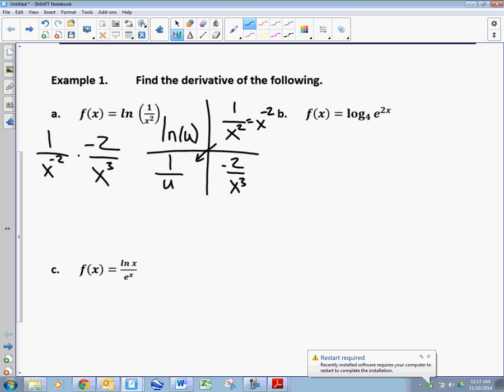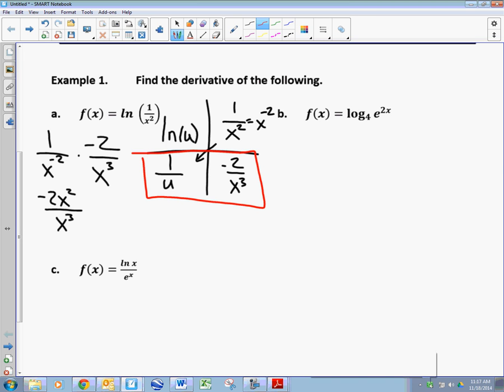So I therefore have negative 2x squared over x to the third. The chain rule says I have to multiply those two together. I put x to the negative 2 in for u. Now, this reduces to negative 2 over x, which is your derivative.